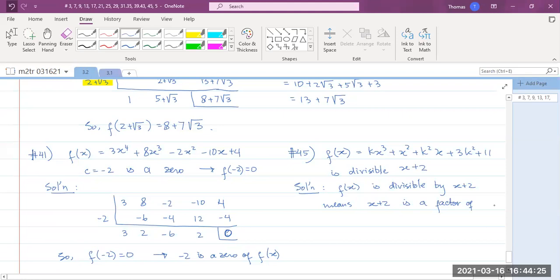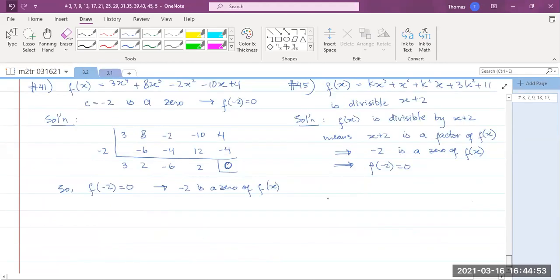Is that right? But if x plus 2 is a factor of f(x), it means negative 2 is a 0, which means f of negative 2 is equal to 0. You see? Okay, f of negative 2 equals 0.